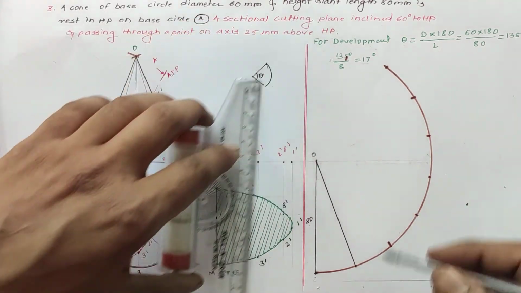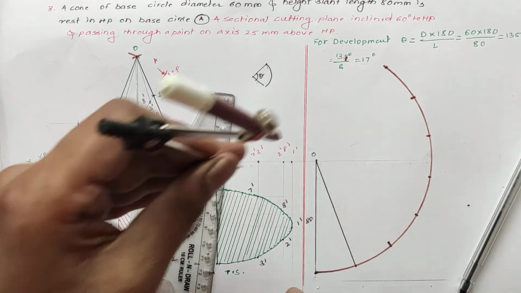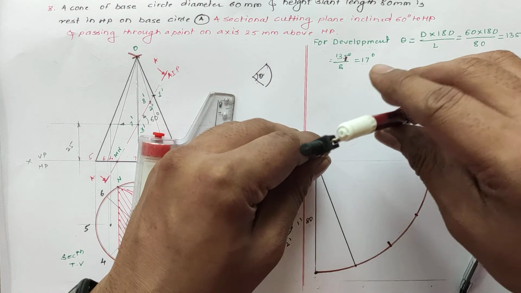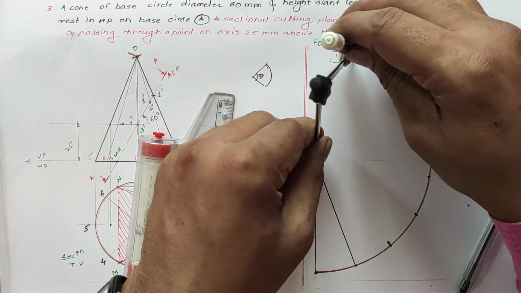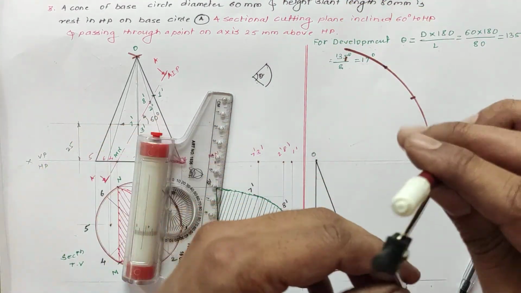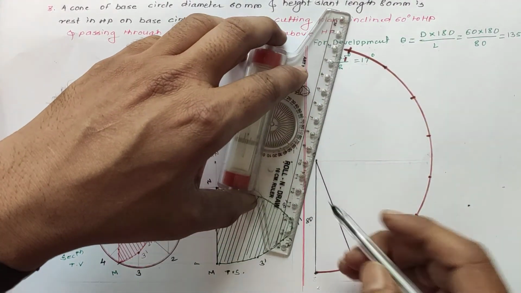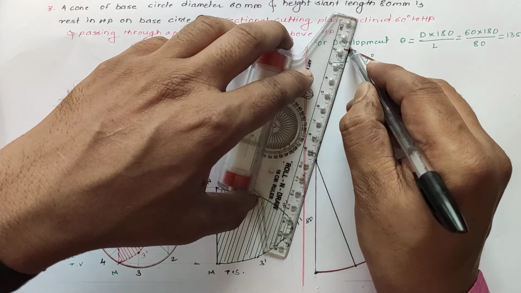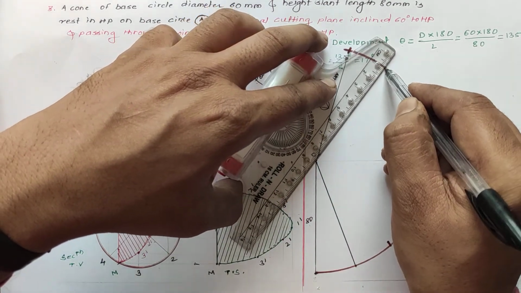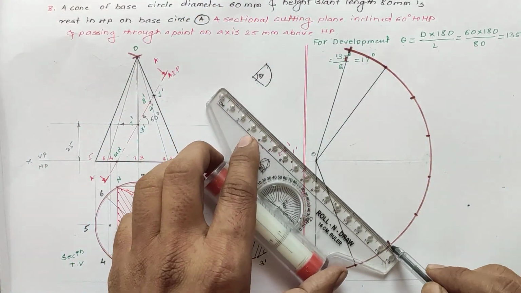and connect all these points. For development, connect all these points with the apex O. These are the generators.